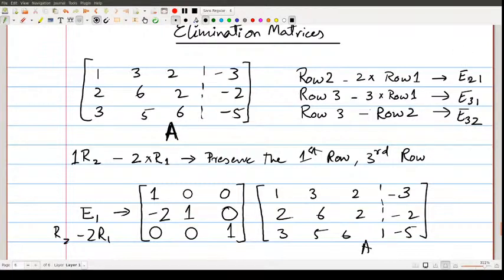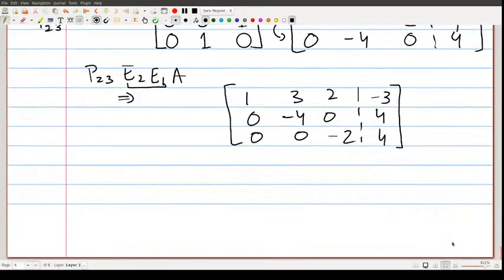So this is the notation that they use for elimination matrices. They're eliminating something in the second row using the first row. Over here we're eliminating something in the third row using the first row, and eliminating something in the third row using the second row. So that's the notation that's used. Okay? Alright, so that's all I want to say at this point about elimination matrices.